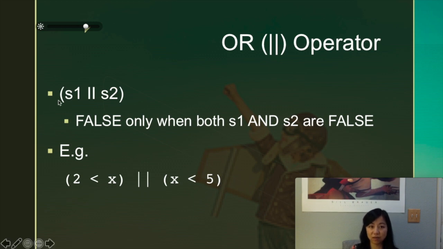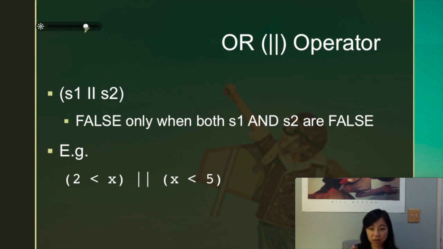When statement 1 and statement 2 are both not true, both are false. So when statement 1 and statement 2 are true, this is true; true or false, false or true, all these cases are true.